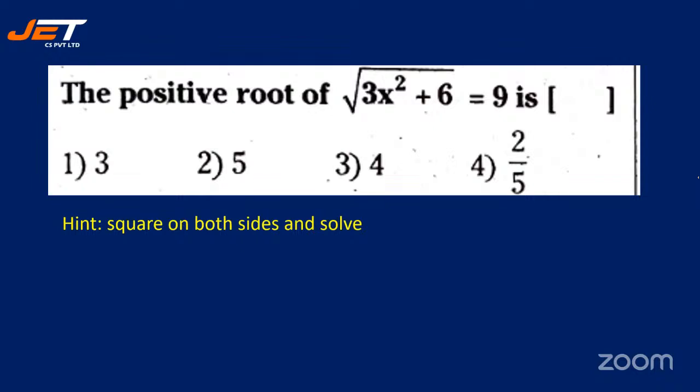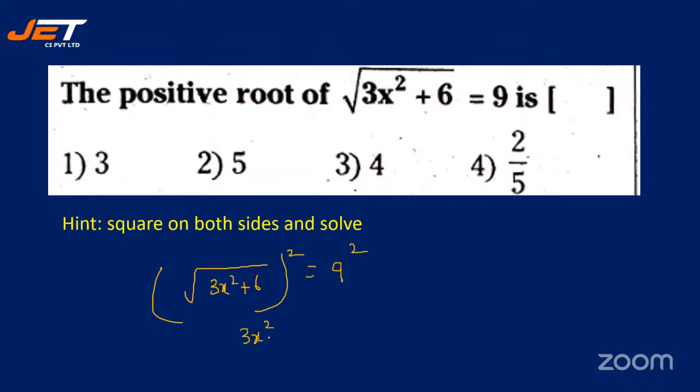The positive root of 3 root of 3x square plus 6 is equal to 9 is dash. What is a positive root? Very simple, you just have to take squares on both sides. Then you will get the answer, right? So just quickly take the squares on both sides. 3x square plus 6 equal to 9 square.